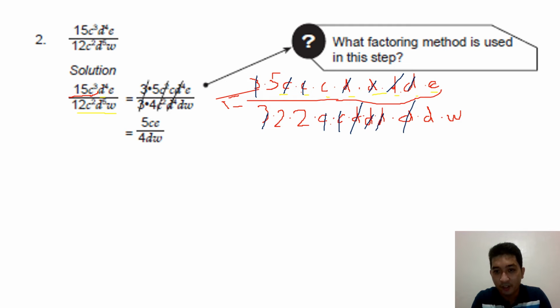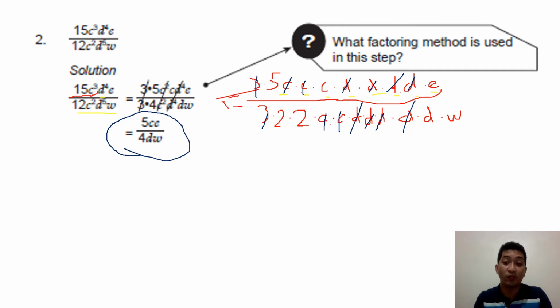E, is there any? None. W, none. So, what is left? Let's write it. We have 5ce over 2 times 2, that's 4. There are no variables left except d and w. 4dw. Here is your final answer.